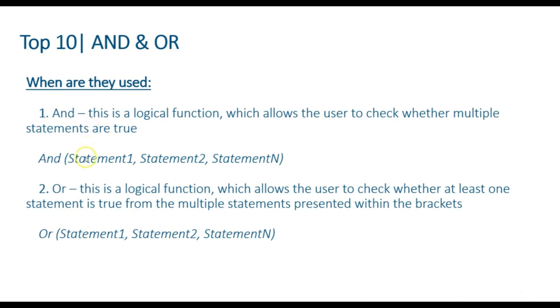It is going to show false if one statement, for example, is false, but it is going to show true only in the case where all statements are correct. Whereas OR will show true when at least one of the statements that we have added is true. So if we have 3 statements, as in this case here, and 2 of them are false, 1 is true, it is going to show true.